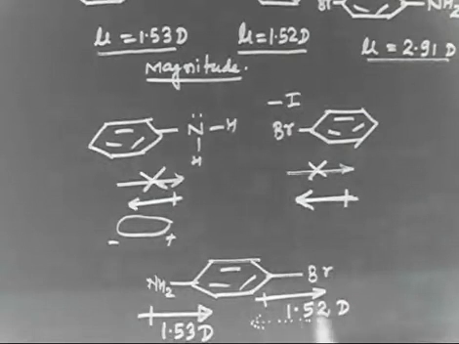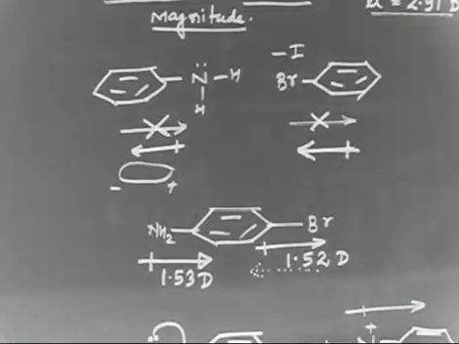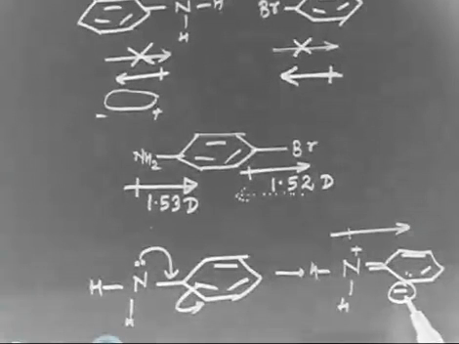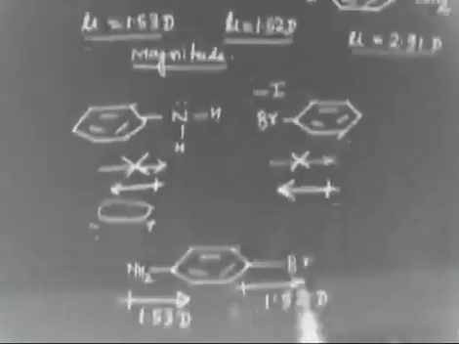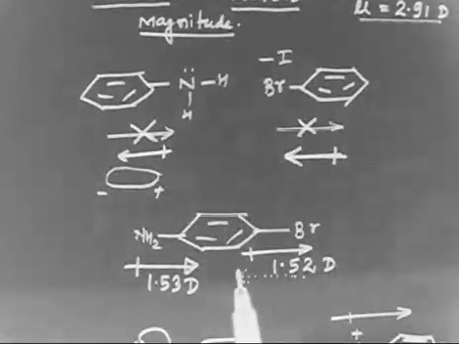So in this case you will have a direction from the ring towards the bromine side. Are you getting or not? In aniline you have it from nitrogen to the benzene side, and in this case from benzene to the bromine side. This is only possible if you take electron from benzene to bromine, giving a direction from benzene to bromine.